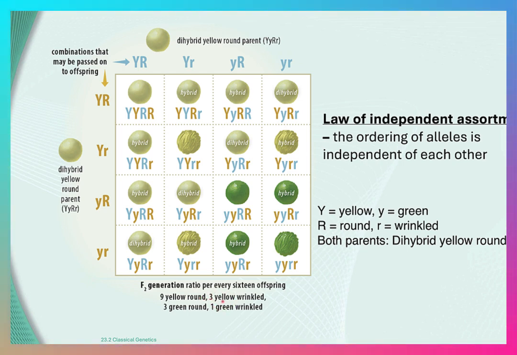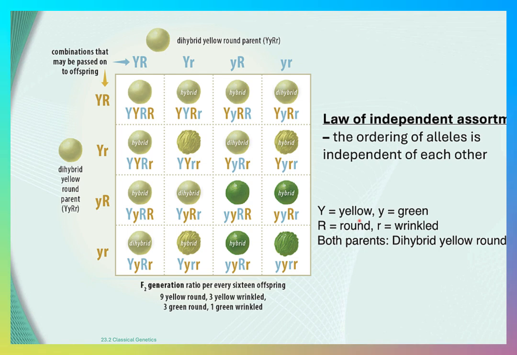You end up with 3 yellow wrinkled, which means they're homozygous for wrinkled, but either homozygous or heterozygous for yellow. You end up with 3 green round, and then 1 out of the 16 that has both recessive traits, both the green recessive trait as well as the wrinkled recessive trait.